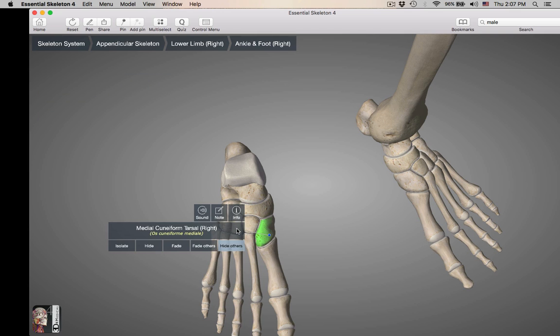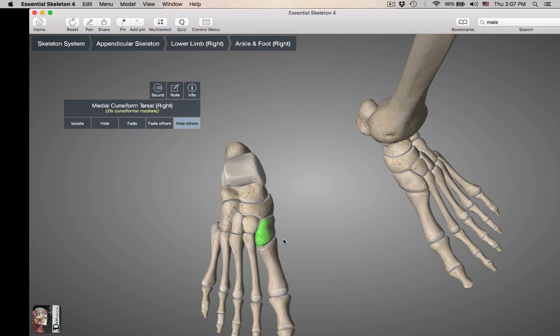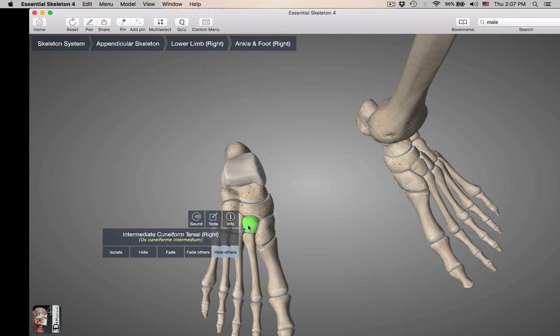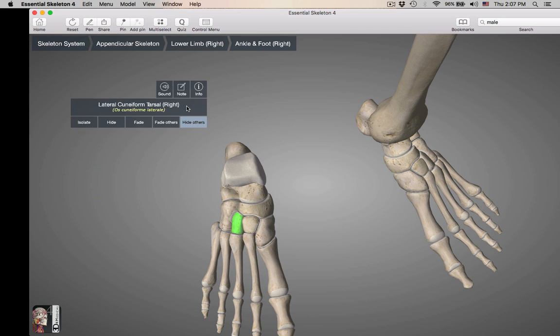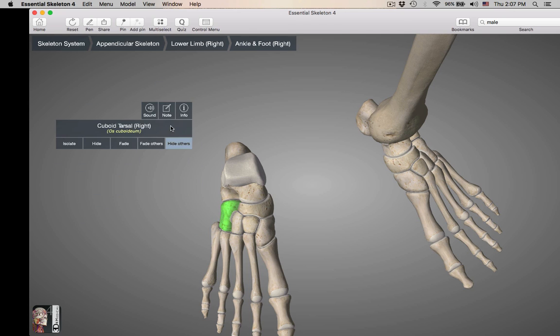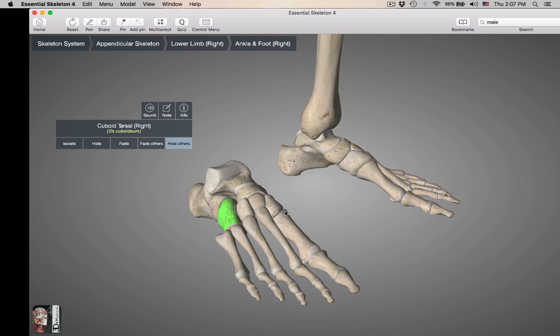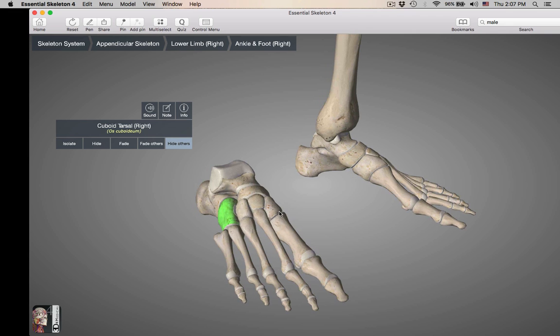M, medial cuneiform, MI, intermediate cuneiform, MIL, lateral cuneiform, C, cuboid. So yes, we are not spelling milk correctly. We are spelling it M-I-L-C. So tiger cubs need milk. Those are your 7 tarsal bones.